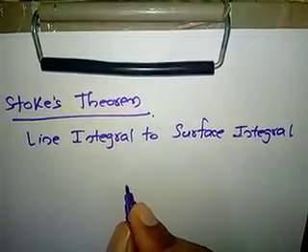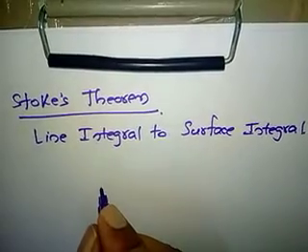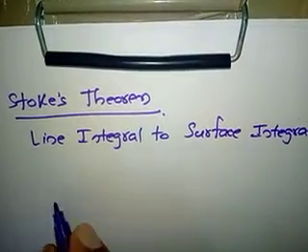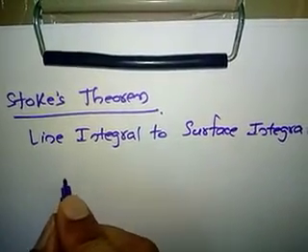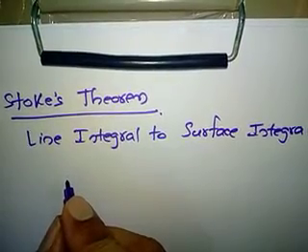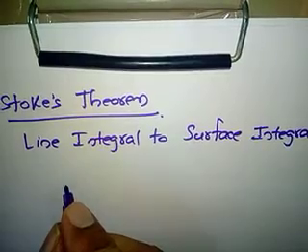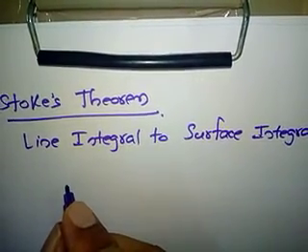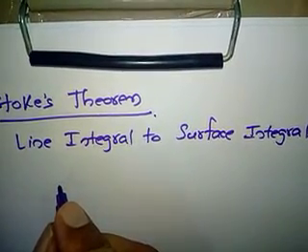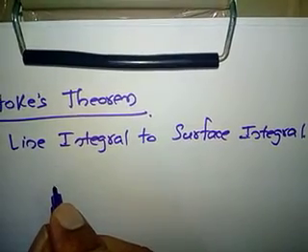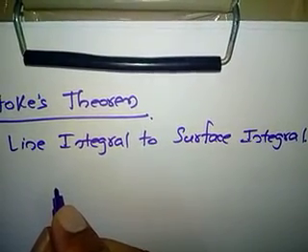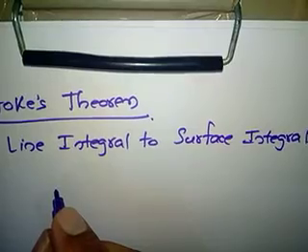The statement of Stokes theorem is that the closed line integral of the magnetic field intensity with respect to the closed path is equal to the closed surface integral of the curl of the magnetic field intensity with respect to the surface.